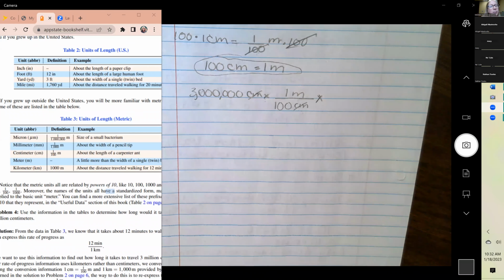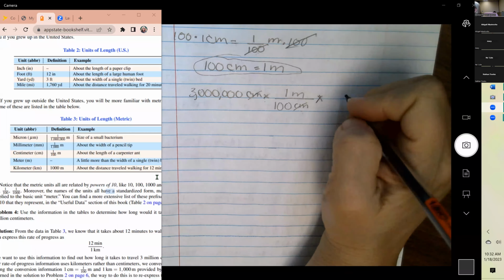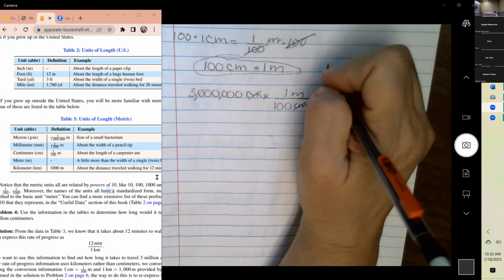And then looking at this last part of this table, 1,000 meters is 12 minutes. Right here.